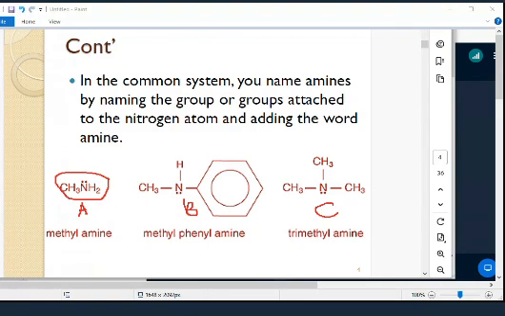Now, once we are done with the classifications, then we go to the naming. The naming, that is the nomenclature, the naming of these amines.